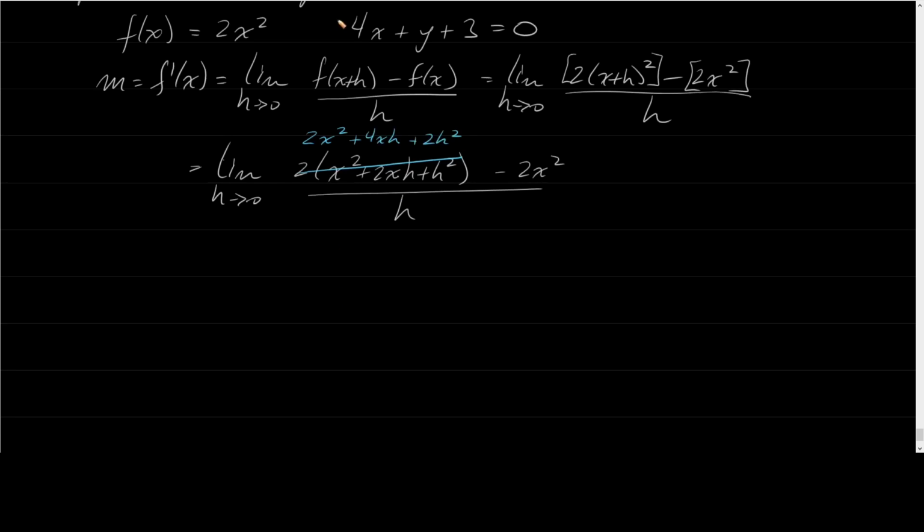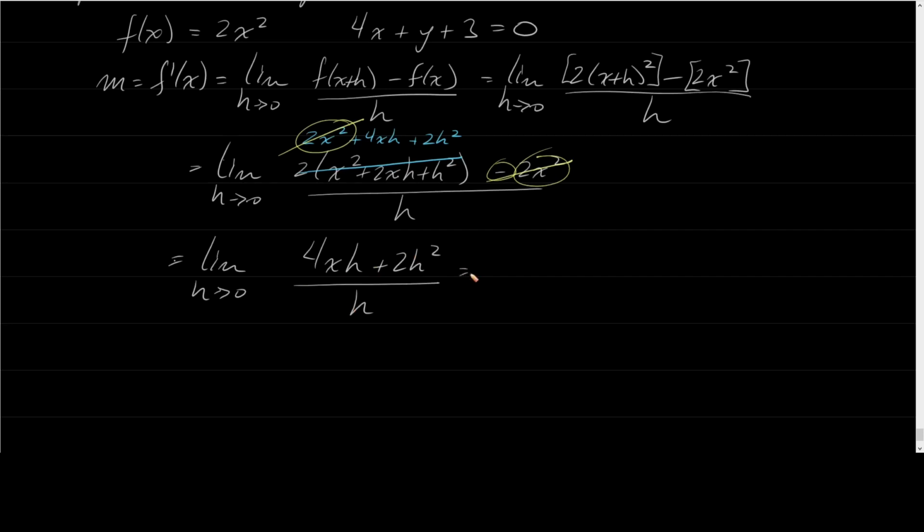And in there, we see that I have this 2x squared minus 2x squared, so that cancels out. So what I'm left with here now is the limit as h goes to 0 of 4xh plus 2h squared over h. Notice that everything on the numerator has an h, so I can factor it out, and I'm left with h times 4x plus 2h, all of this over h.